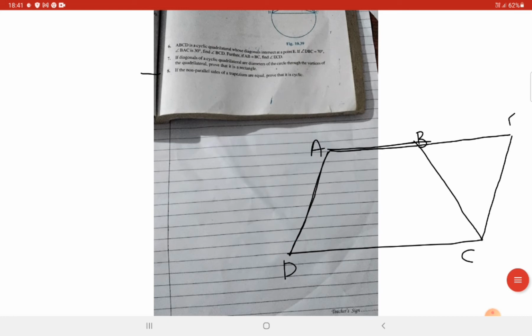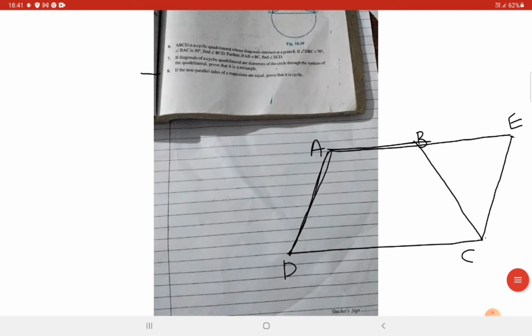Both intersect at E. What you have to do? Extend AB and draw a line through C parallel to DA. Let both lines meet at E.